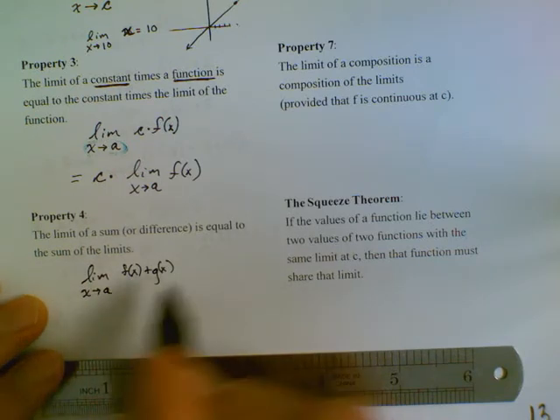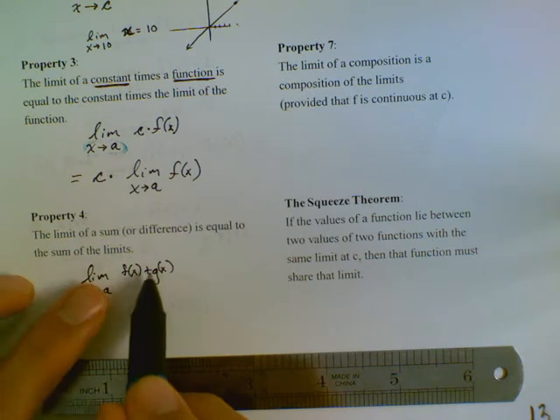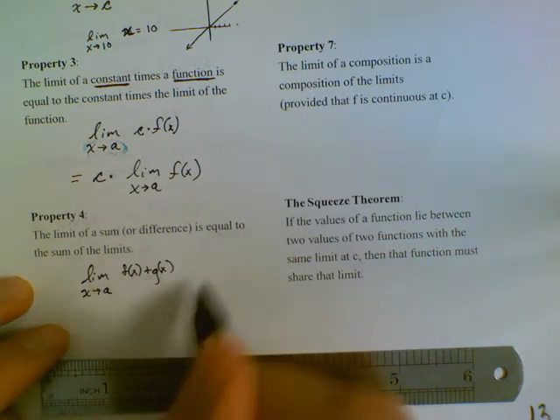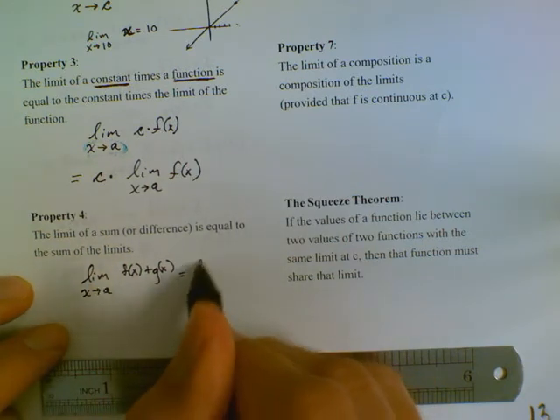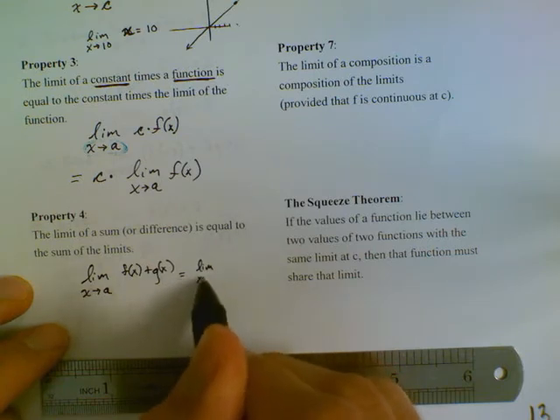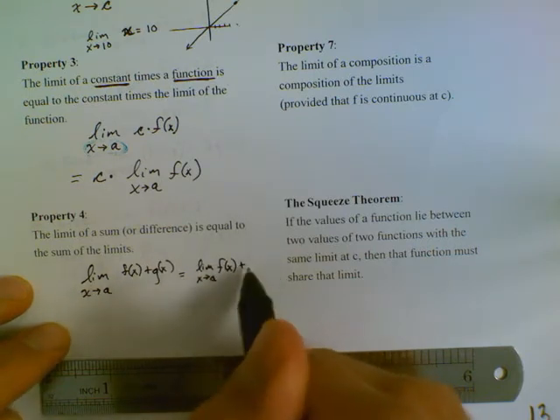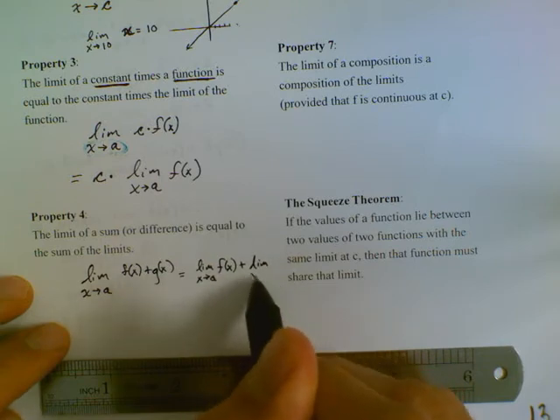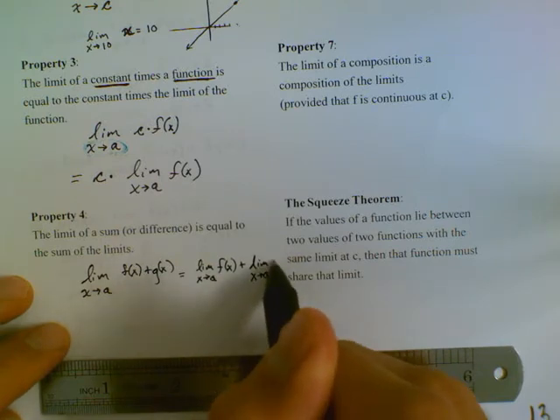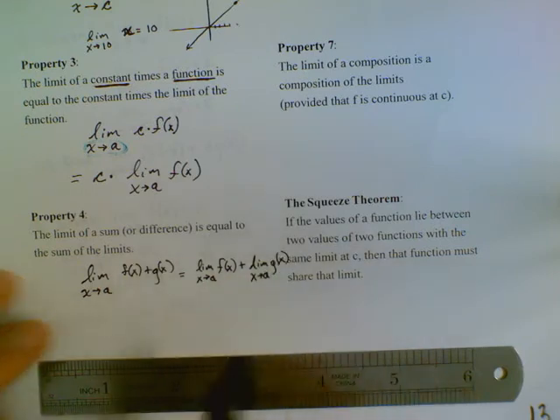So what this is saying is that the limit of a sum is going to be the sum of the limits. So if I just took the limit of f of x and I added the limit of g of x, then that would be the same exact thing.